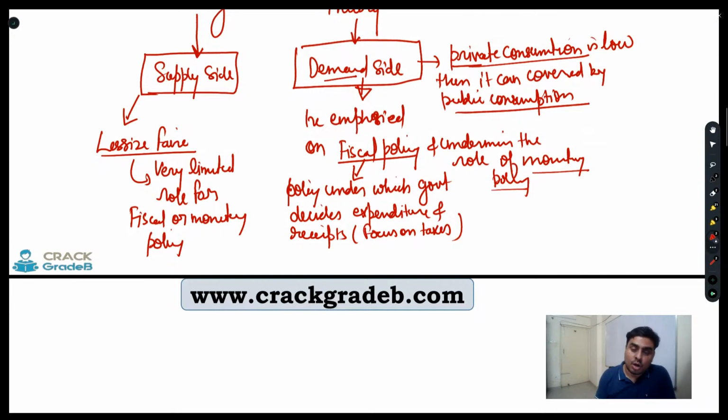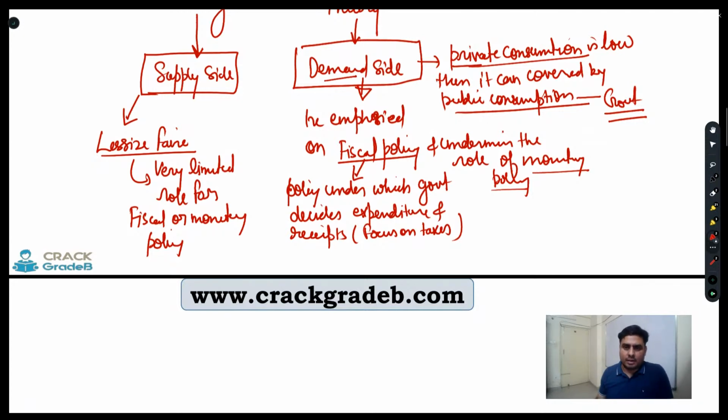But when we talk about public in economics, it is related to government. So how will government consume? Government can consume in terms of various kinds of expenditure, such as construction of highways and opening medical colleges. So a lot of expenses can be done by the government, right?